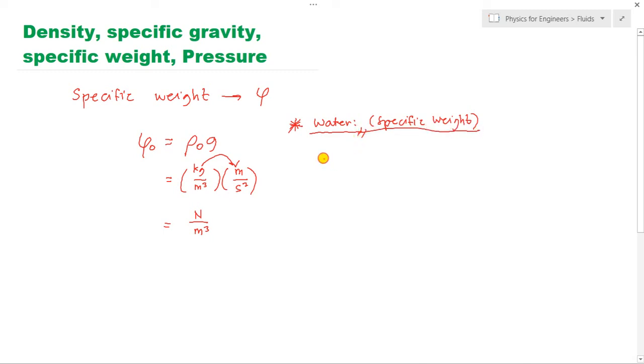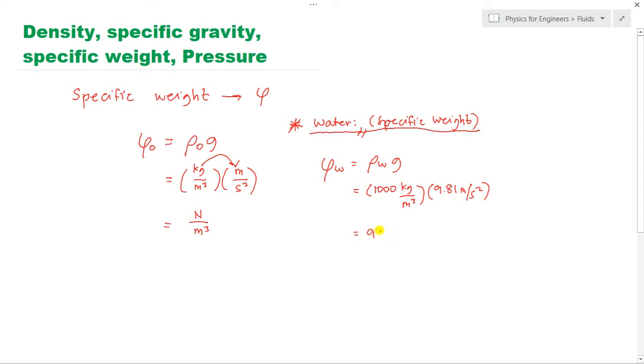So for water, that is gamma of H2O, or W, is equal to the density of the water multiplied by the Earth's acceleration due to gravity. So we all know that the density of the water is 1000 kilogram per cubic meter, multiplied by the gravity, which is 9.81 meter per second squared.